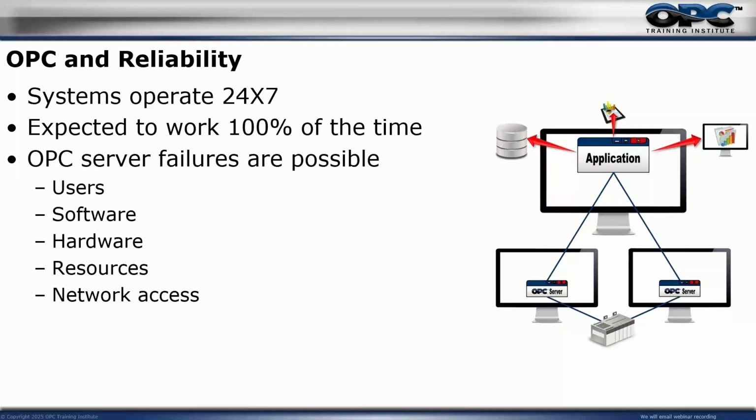So OPC server failures are very possible here, and they can fail very simply because a user might do something strange, like turn off Windows, or press something bad, or kill some applications, or maybe the software dies because it has a bug in there somewhere, or maybe the hardware itself fails.